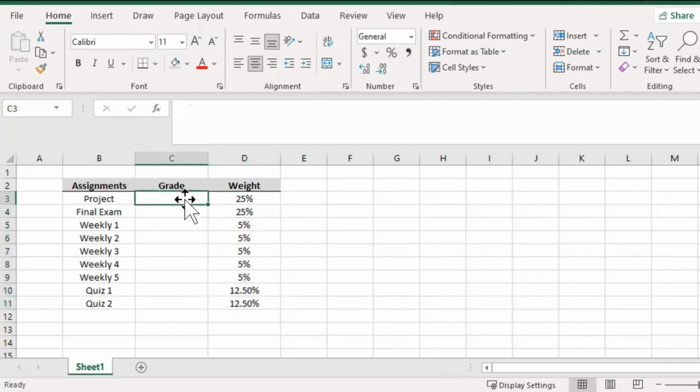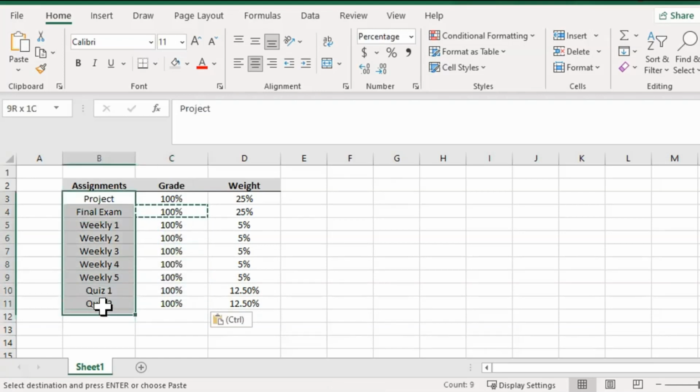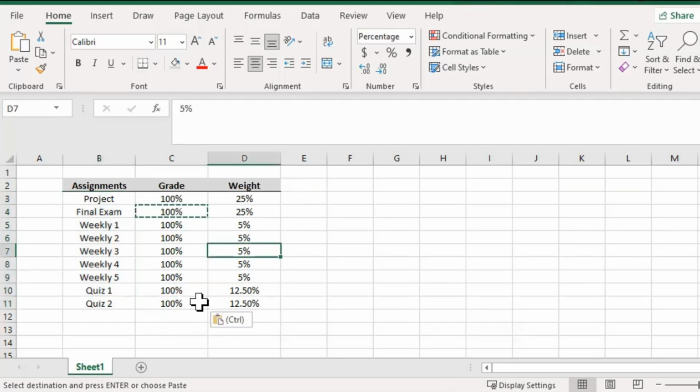All right. And so now let's grade each of our assignments. And let's say we are superstars as we set up our equation and we earn 100% on our project. We earn 100% on our final exam. And really, we earn 100% on every single assignment in the course. Okay. So we have a total of 9 assignments, each with different weights, and we've scored 100% on each of those assignments.